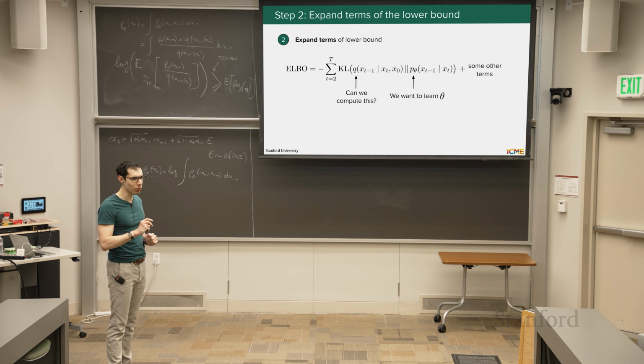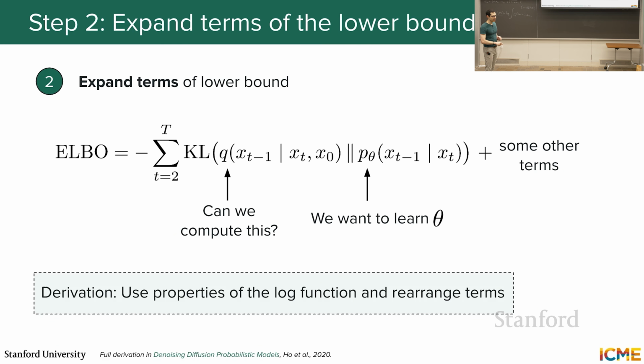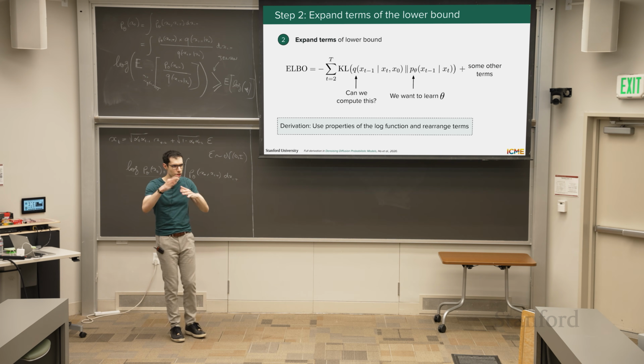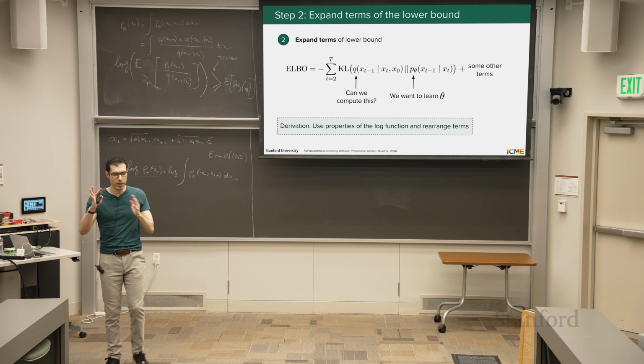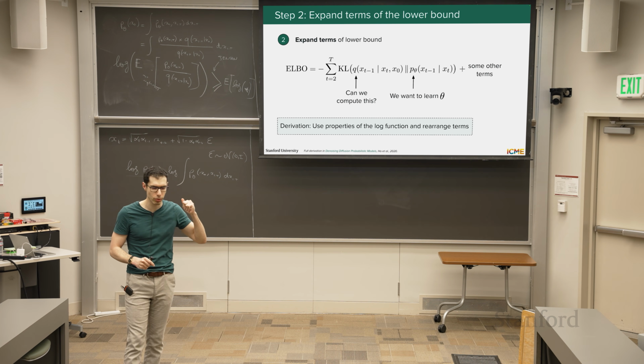We don't have time to derive this, but it's not that complicated a derivation. You would just take this expectation of log, and then do some manipulation here and there, and you can basically pop out the KL divergence operator.